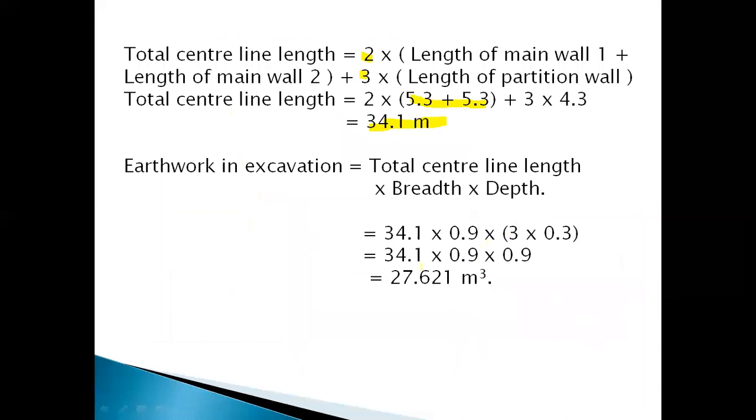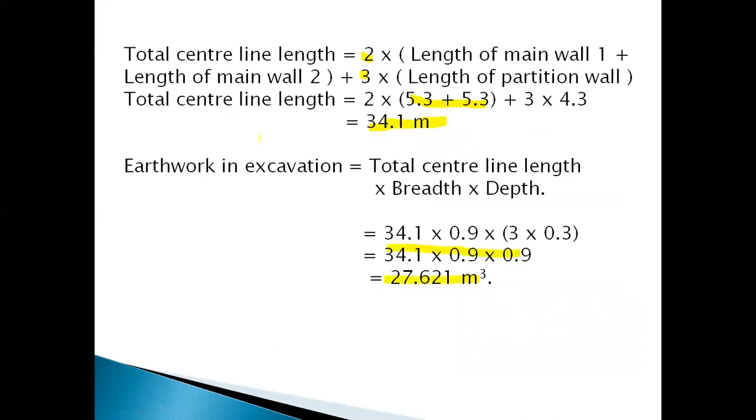So 34.1 into 0.9 into 0.9 equals 27.621 cubic meters. It is the quantity of the earthwork excavation. It is only a sample for the calculation of the problem. After that we draw the measurement of quantities in table form.